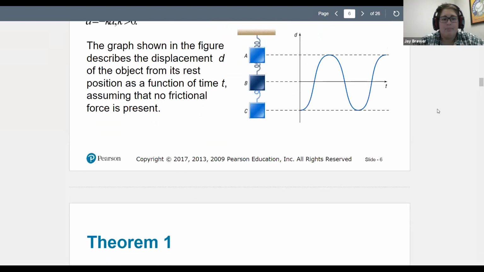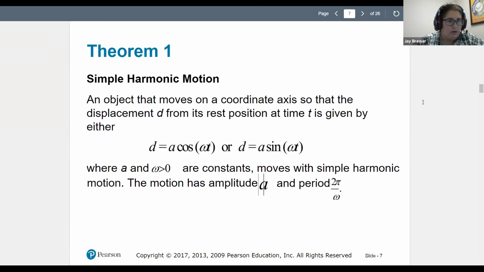All right. Theorem 1. Go ahead and write it down. Okay, so recall from when we were talking about sinusoidal curves and figuring out those equations.